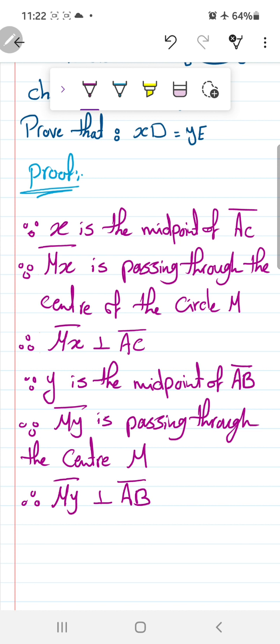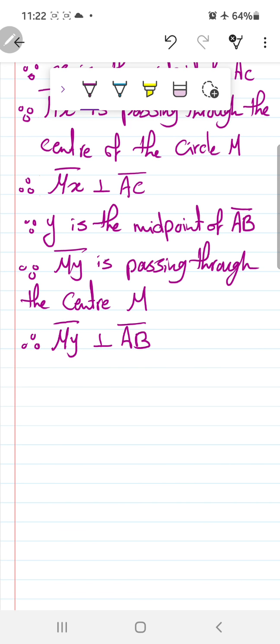Here we have MX perpendicular to AC, MY perpendicular to AB, and AB and AC are two equal chords. So the equidistances are equal. So MX equals MY. Here the theorem.